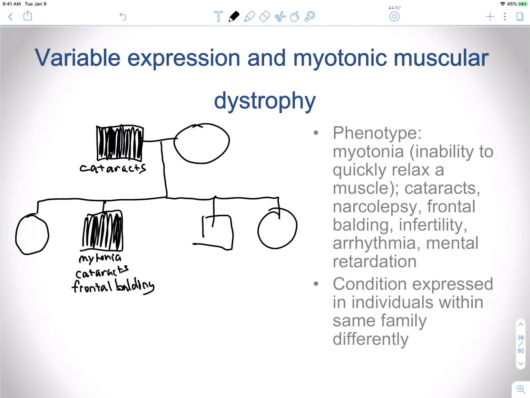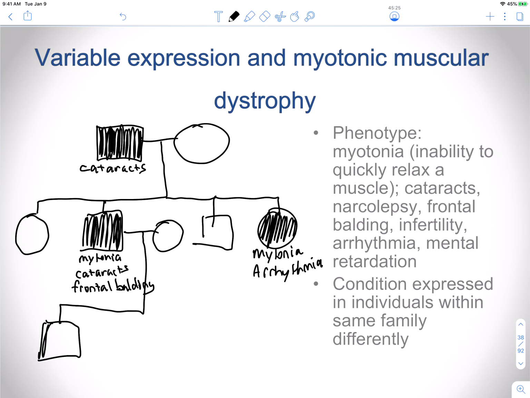Then they're also going to have another unaffected son and a daughter, and this daughter will have myotonia and arrhythmia. All right, so this son does get married, and they have children. They have an affected son, and this affected son is going to have frontal balding and arrhythmias.